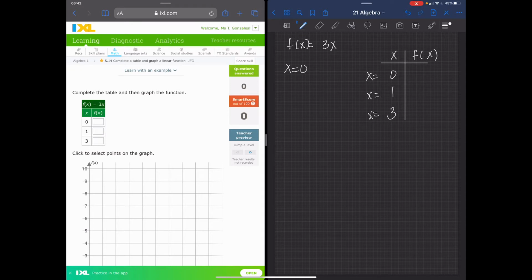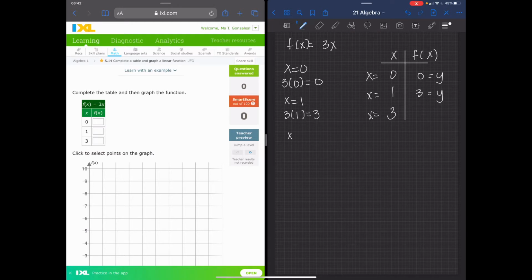X equals 0. So 3 times 0 equals 0. So that's 0. It's also equal to y. Where x equals 1, 3 times 1 equals 3. So x equals 1, y equals 3.